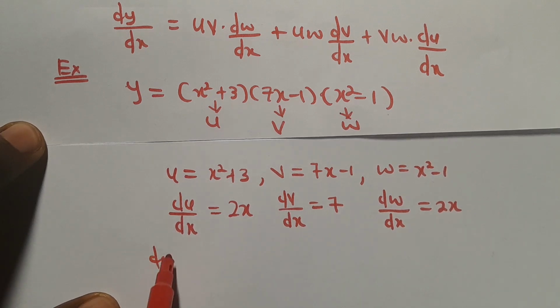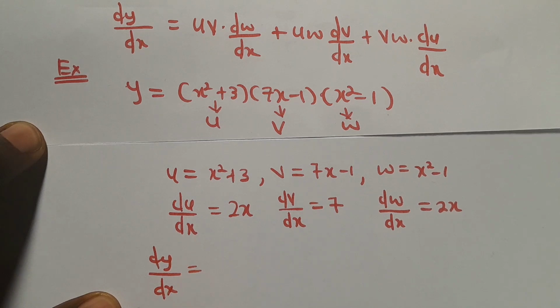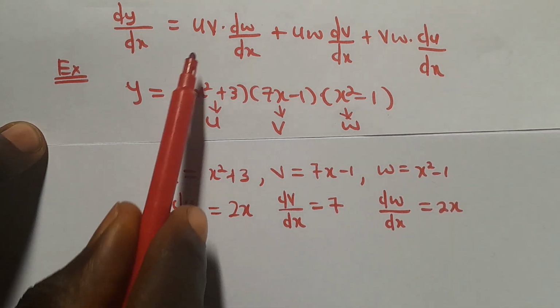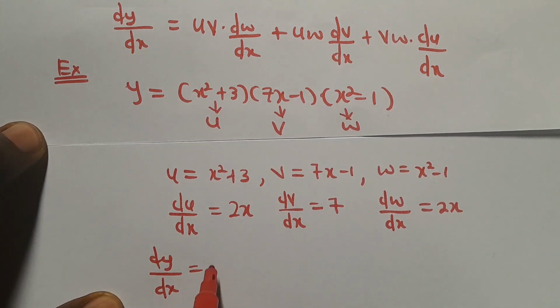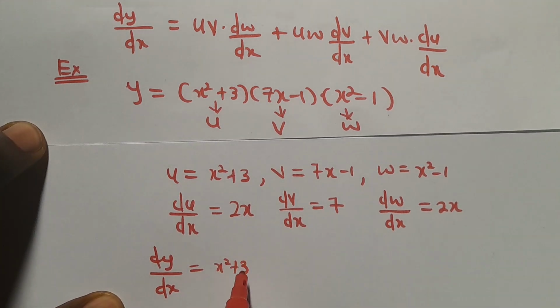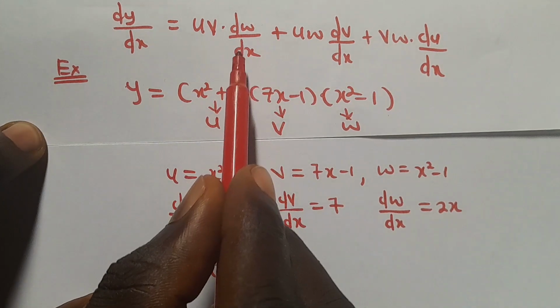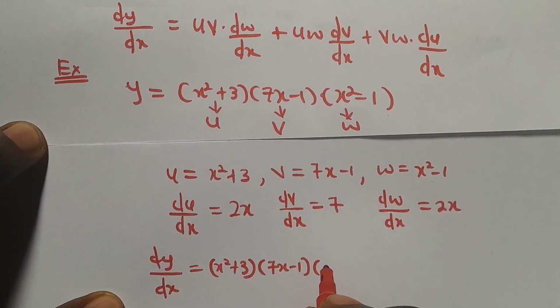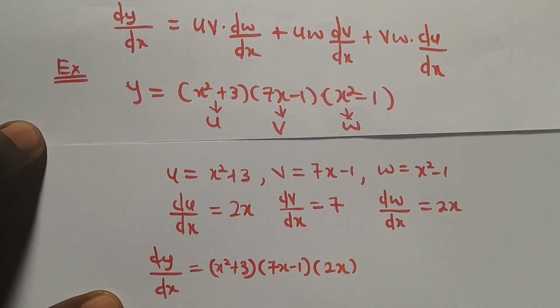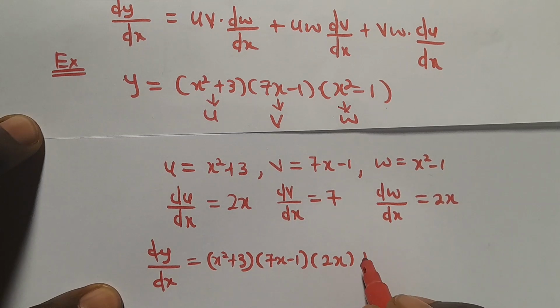So we have dy/dx equals u phi. Keep these two functions and multiply them. Our u equals x squared plus 3, our phi equals 7x minus 1, multiplied by dw/dx, which is equivalent to 2x here, plus u w.